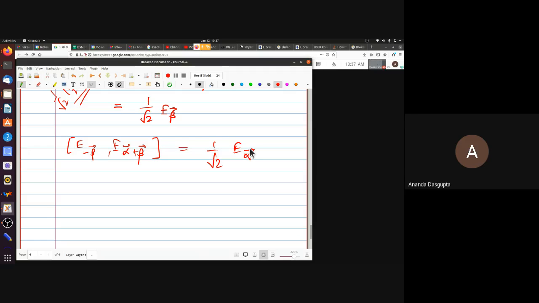Just SU2 again. Once again, E alpha, remember, is the lowest weight state, something which cannot be lowered any further for the beta subalgebra. And since there are only two states in that subalgebra, that also is a spin half thing. So this factor seems to be obvious. But it also is wrong. Can anybody tell me why? What's wrong with this argument that I've given right now?